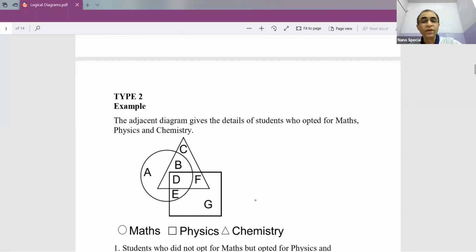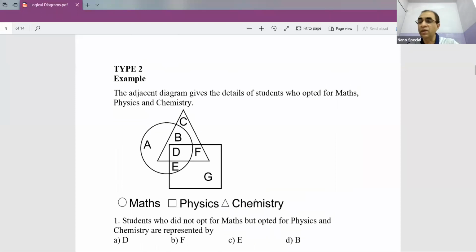Let us go on. Now another kind of question in logical diagrams is this kind of question. Okay, where you have diagrams representing different elements and then you have a question. So here you have maths. This represents maths. All right, and this represents physics.